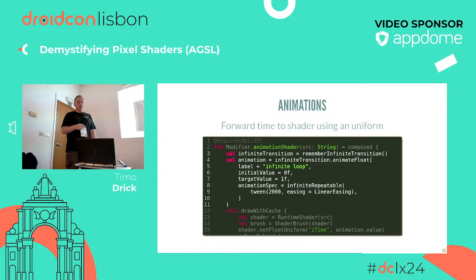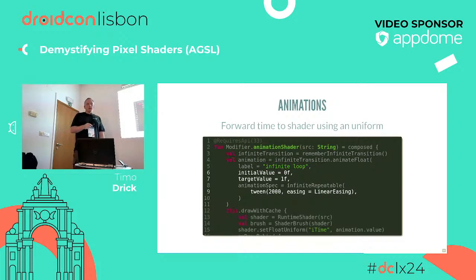I use this rememberInfiniteTransition and then create an animated float out of it. You can, of course, use different methods to create your variables, but for me it's the easiest to do it this way. So I just create a variable which gets a value from 0 to 1.